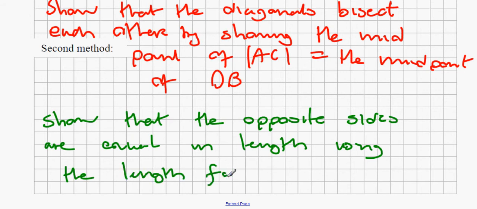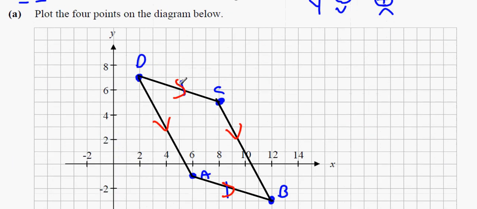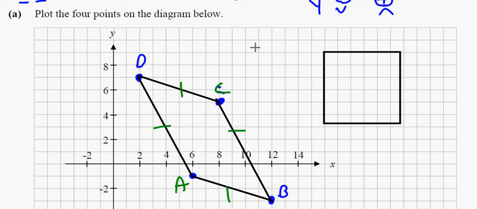Remember the length formula, d equals the square root of (x2 minus x1) squared plus (y2 minus y1) squared. I can just show that DC is the same length as AB and DA is the same length as CB, and this will prove that it is indeed a parallelogram. Some people might argue, does that not also prove it's a rectangle or a square? It does, but a rectangle is also a parallelogram because two sets of sides are parallel to each other, so it's under the same criteria.